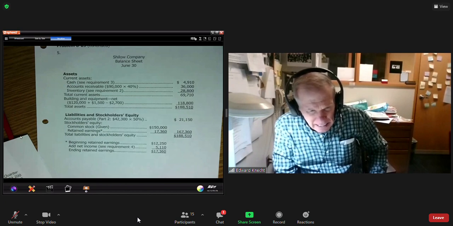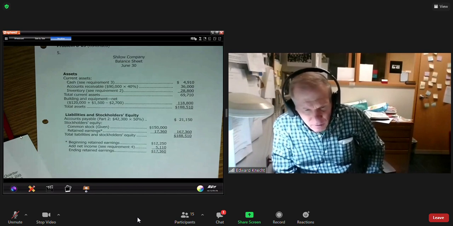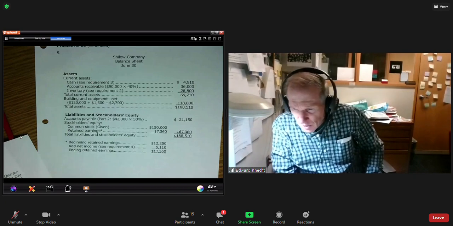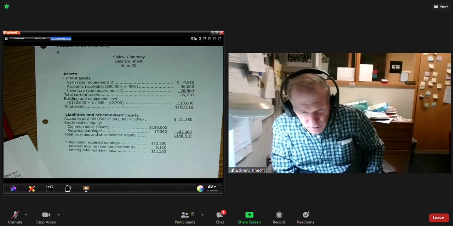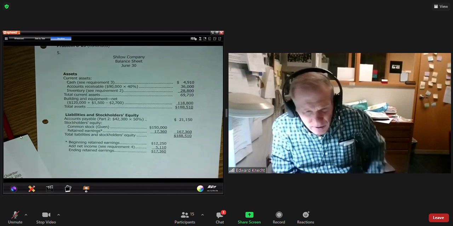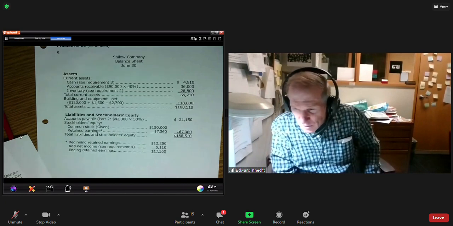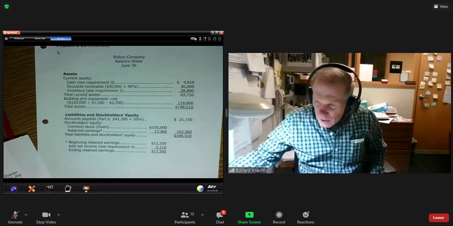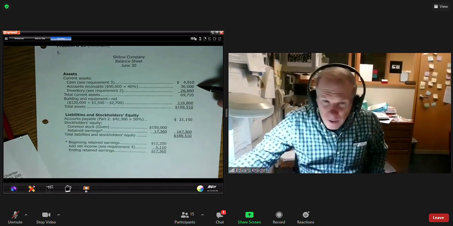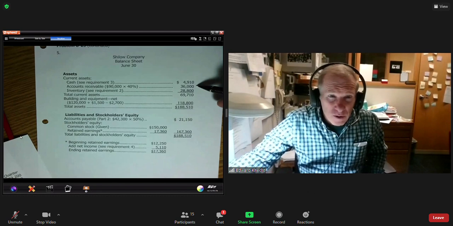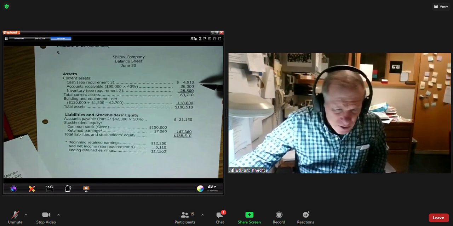So $90,000, that's the number of dollars they expect to sell. Of the 90,000, is it $32,000 or is it 36? What is it? 90,000 times 0.4. Isn't that $36,000 for accounts receivable? Does that make sense to you, Justin?